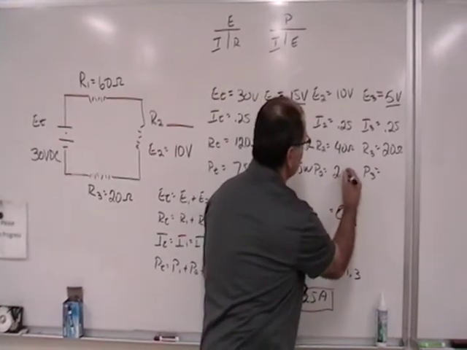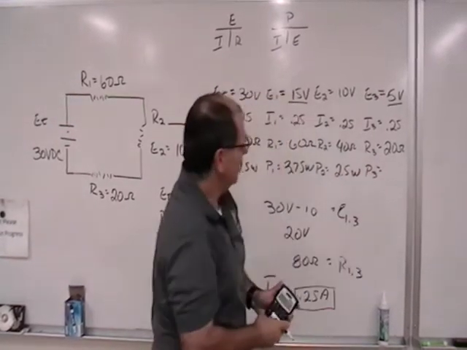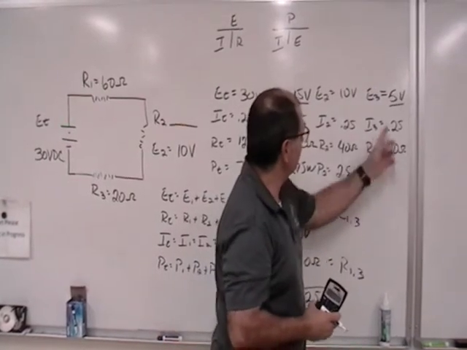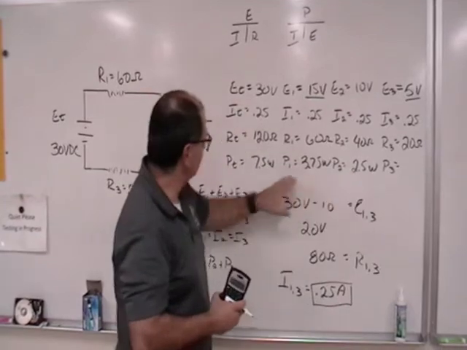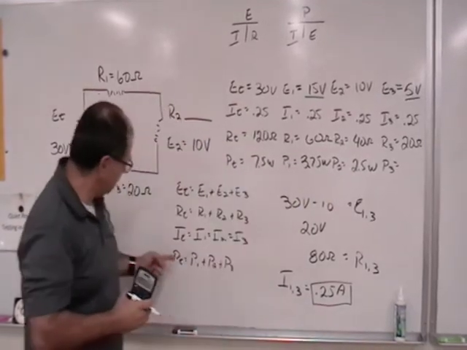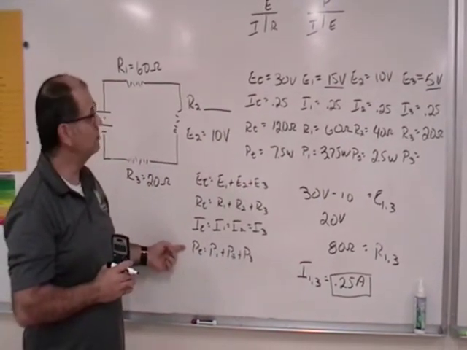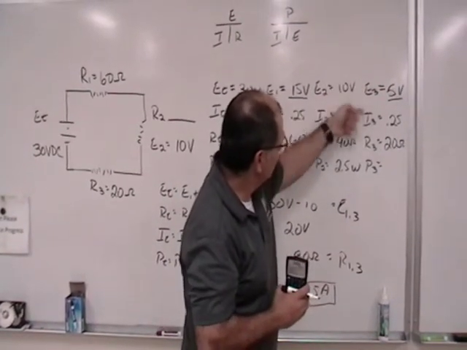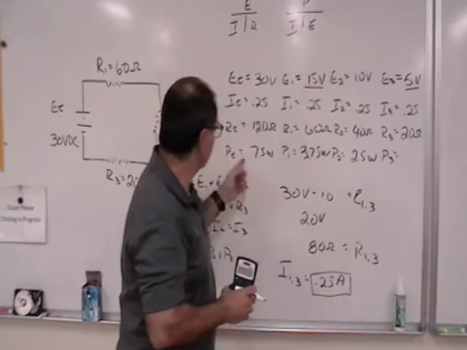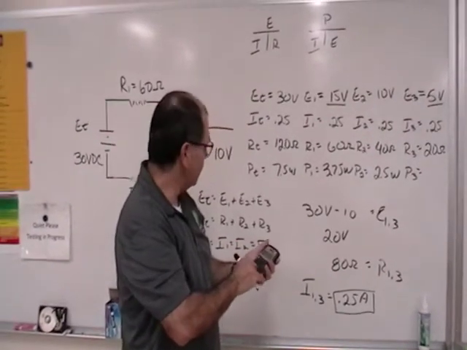2.5 watts. Okay, now finding this last one, we can do two things. We can take these two values and subtract it from 7.5 based on this rule that governs the circuit, or we can also solve it this way, E times I, coming straight down the column. So we'll do it both ways.